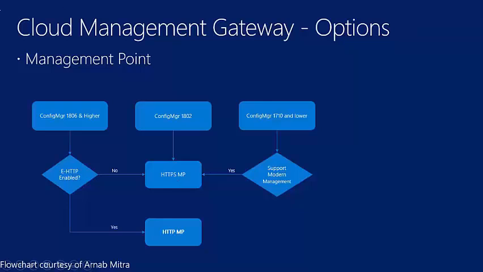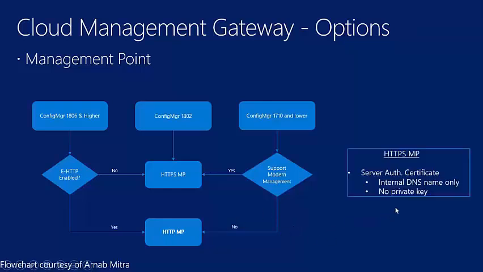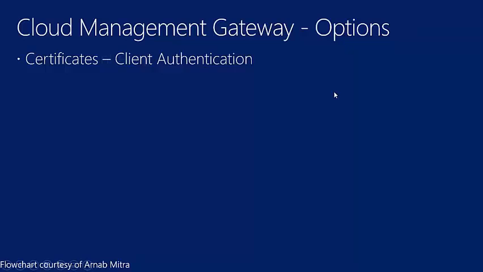If the answer is no, then you're going to have just a standard HTTP management point, right? And finally, just a note, for SSL management points you need a server authentication certificate. You need to have your internal DNS name only configured, and there is no private key that is necessary, okay?